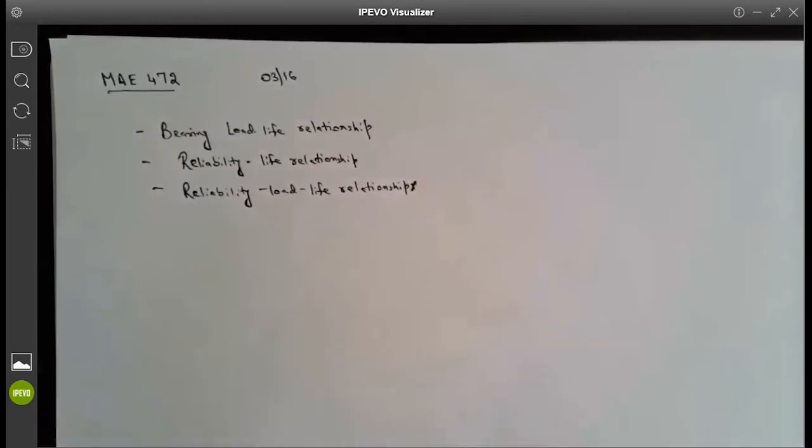And what these expressions will actually help us to do is to select a specific bearing from the bearing catalog. So whenever we as a designer have to select a bearing for any application, we need to find out the requirement, which is usually in the form of C10 load.